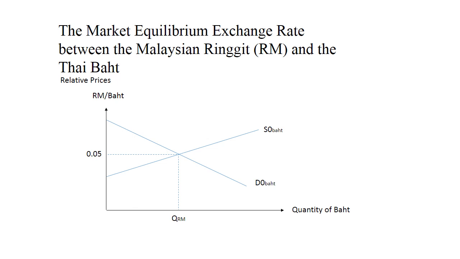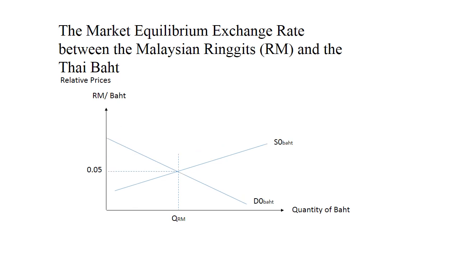So if you want to buy Thai goods, you have to demand Thai baht. So the demand for Thai baht will increase from D0 to D1.